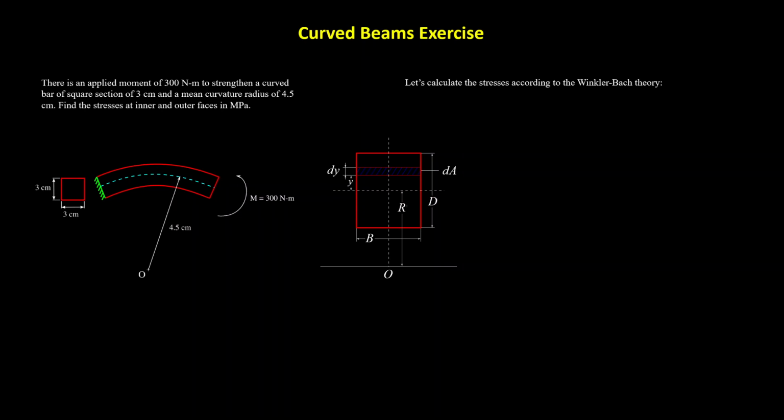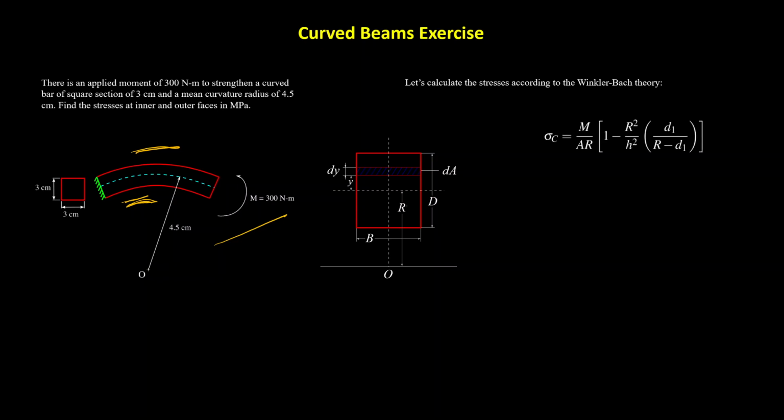Now, what's going to happen in the upper face and what's going to happen in the lower face? When this moment is applied to the beam to try to straighten it, intuitively, I can know that in the top part of the beam we're going to experience a compressive stress, while in the bottom part of the beam we're going to experience a tensile stress.